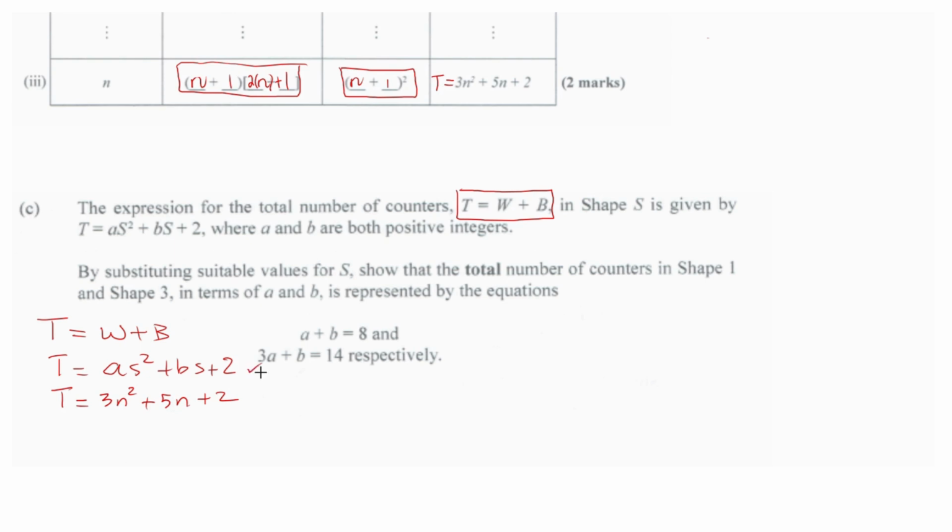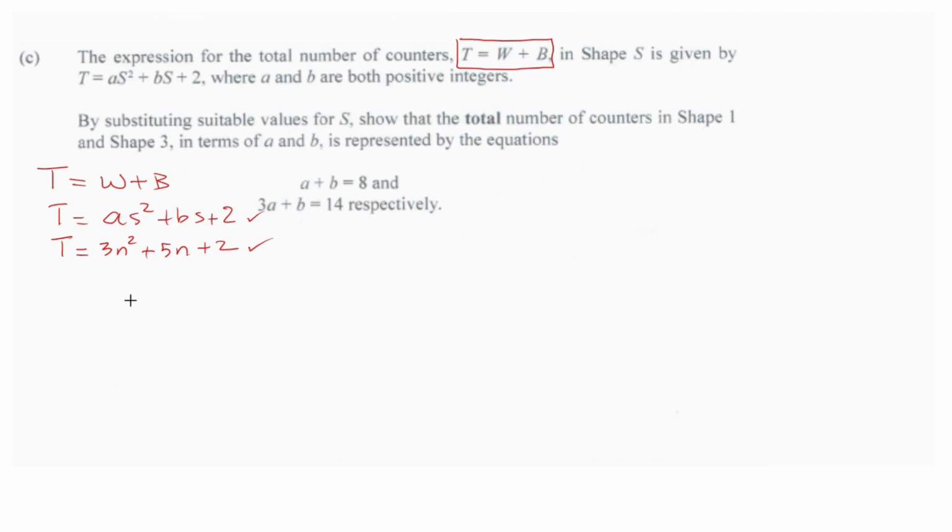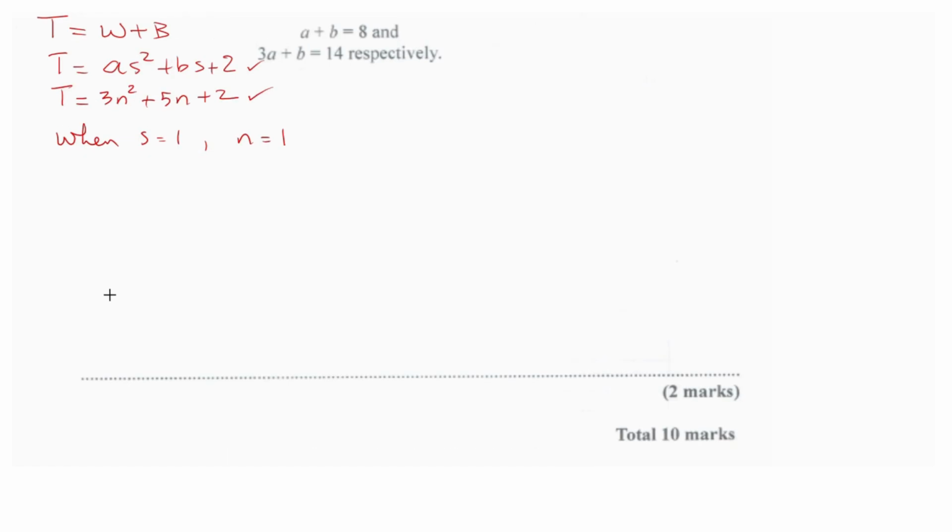So we have a choice to use any two of these equations here. So I'm going to use this equation and this. Okay, so when we have shape 1, it means that n is 1 as well. So we're going to write when s equals 1, n equals 1 as well. And these two things are equal. So let us write then as squared plus bs plus 2 would equal 3n squared plus 5n plus 2.